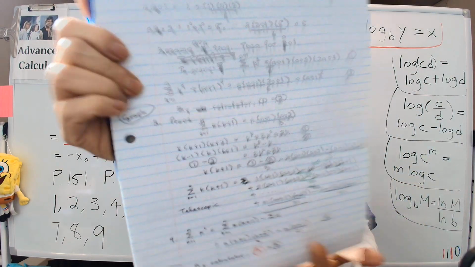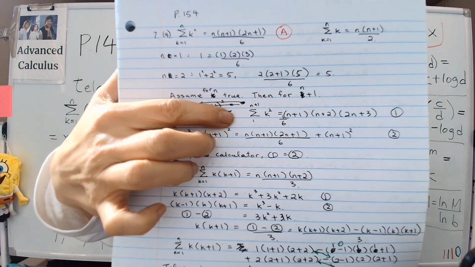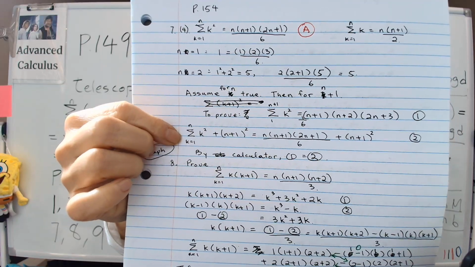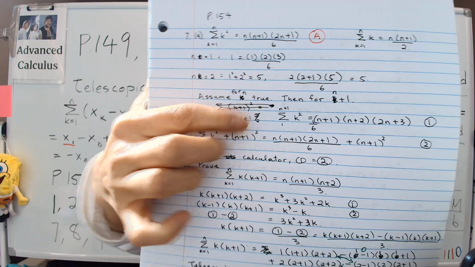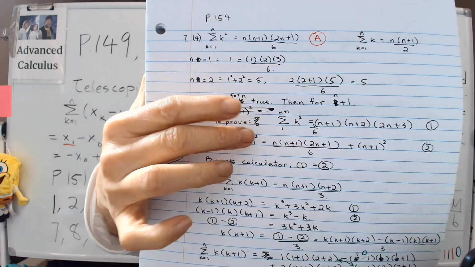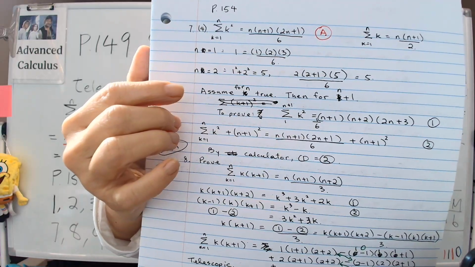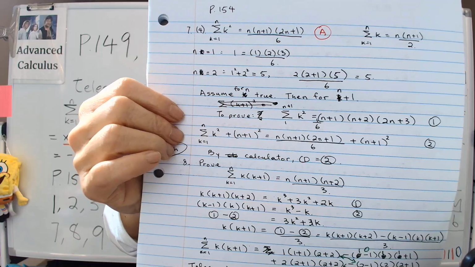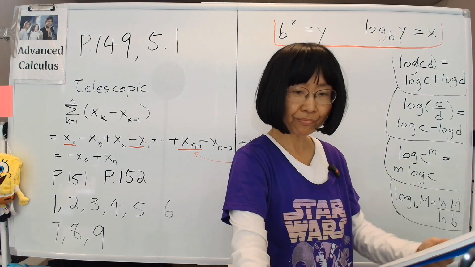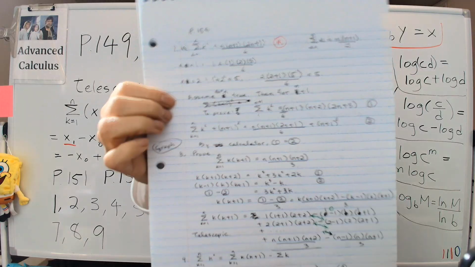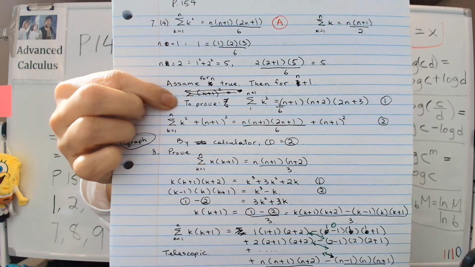See, equation 1 is the k squared. This is the k plus 1 squared. Does it equal this thing plus n plus 1? No, this is k squared, n plus 1. Let me think again. Did I get this right here? Well, whatever. The point is, this is what we're trying to prove.